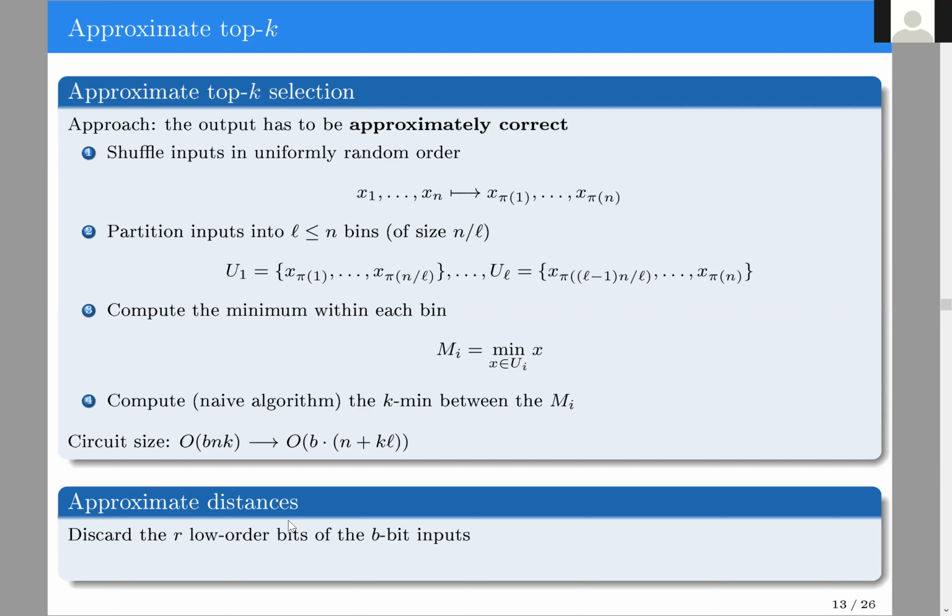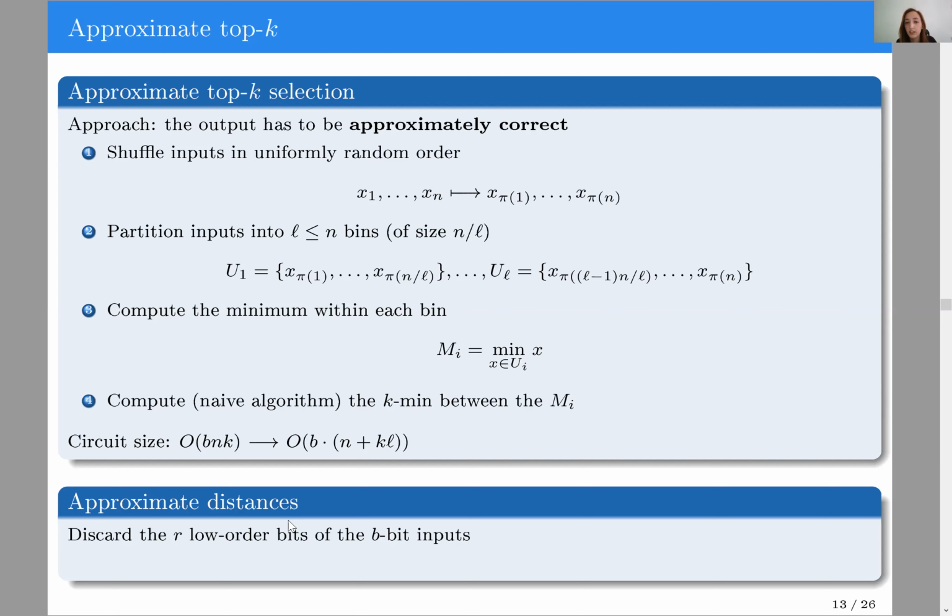It's just my impression that somewhere in your application, when you apply this algorithm, x1 to xn are actually distances from the query to a whole bunch of inputs in the dataset. No, right. They are just the elements of the dataset.